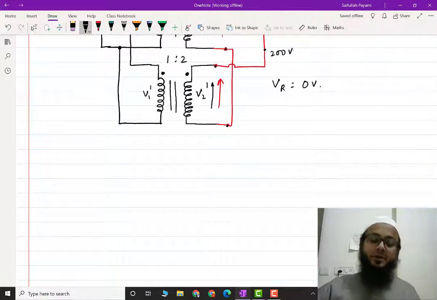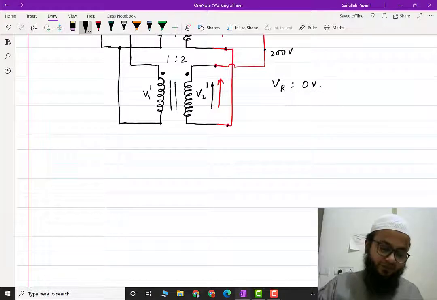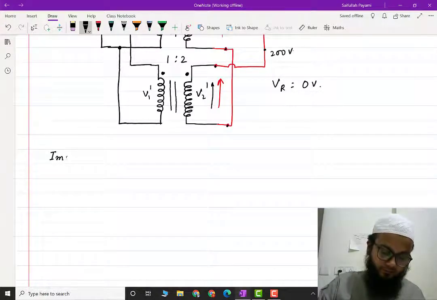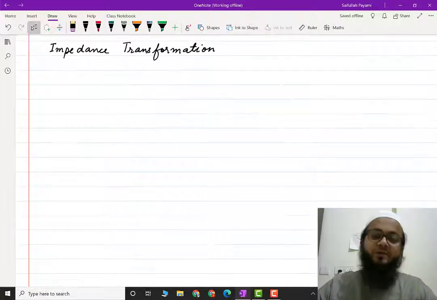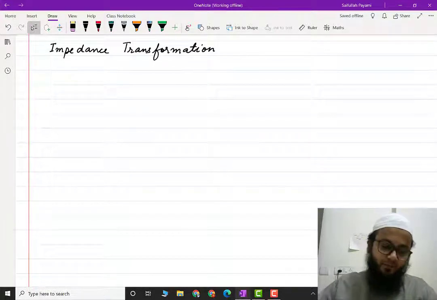Now we will discuss impedance transformation. So how do we define an impedance?